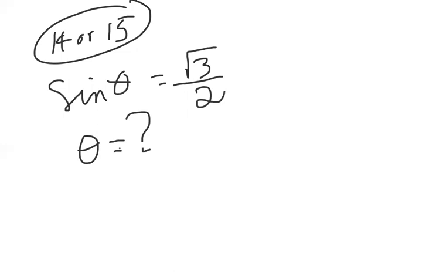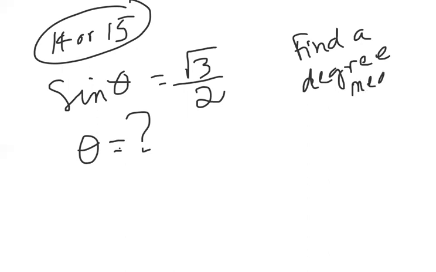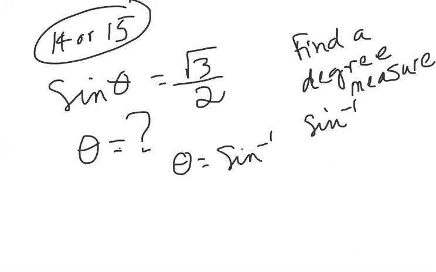Now, guys, whenever you have to find a degree measure, you got to do the inverse. If you're not doing the inverse, it's not going to work out. And by that, I mean the inverse of sine. So in this one right here, to find the measure of theta, we're going to do the inverse of sine of radical 3 over 2.